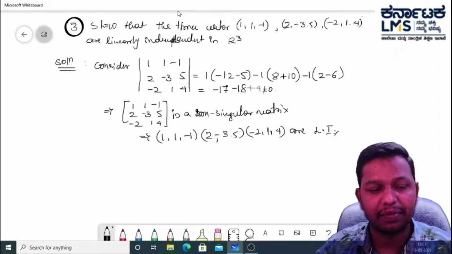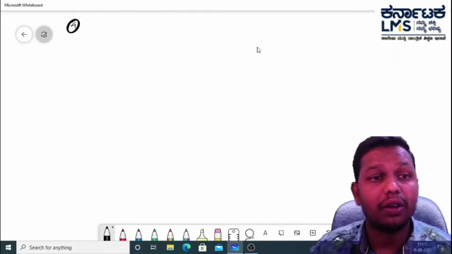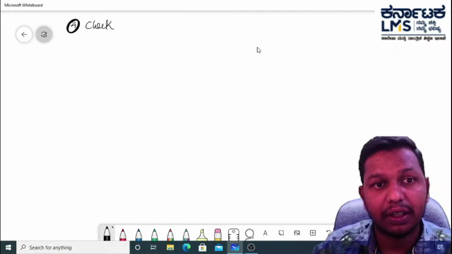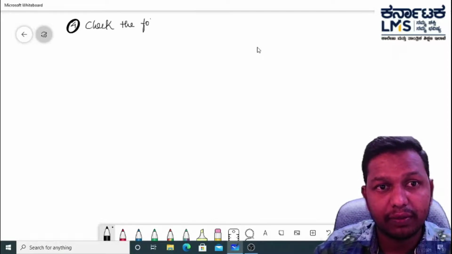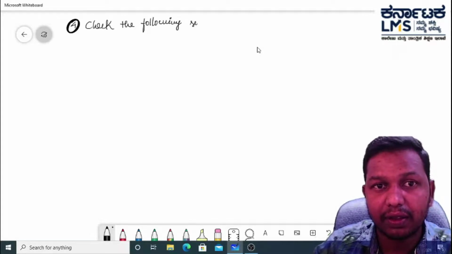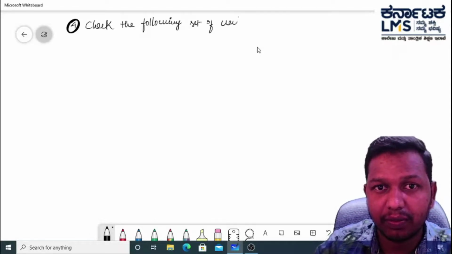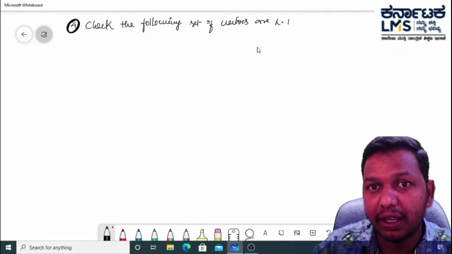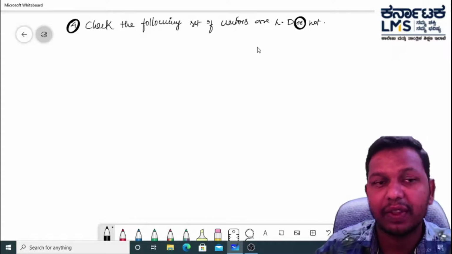This completes the solution. Fourth problem: check whether the following set of vectors is linearly dependent or not.